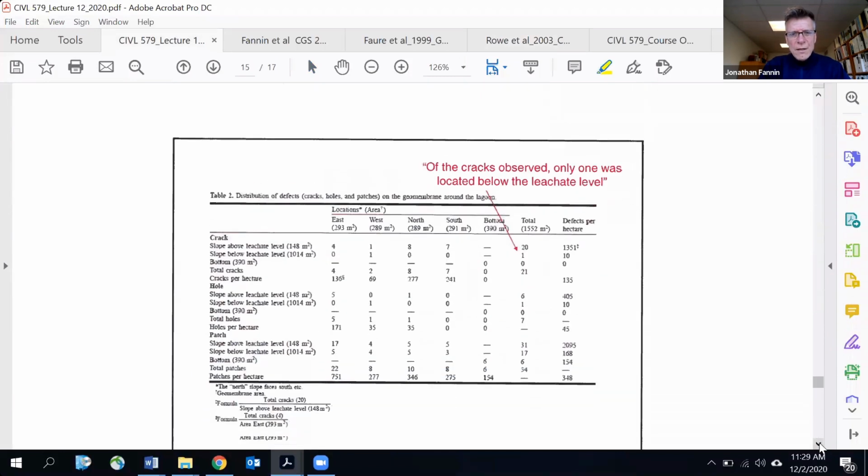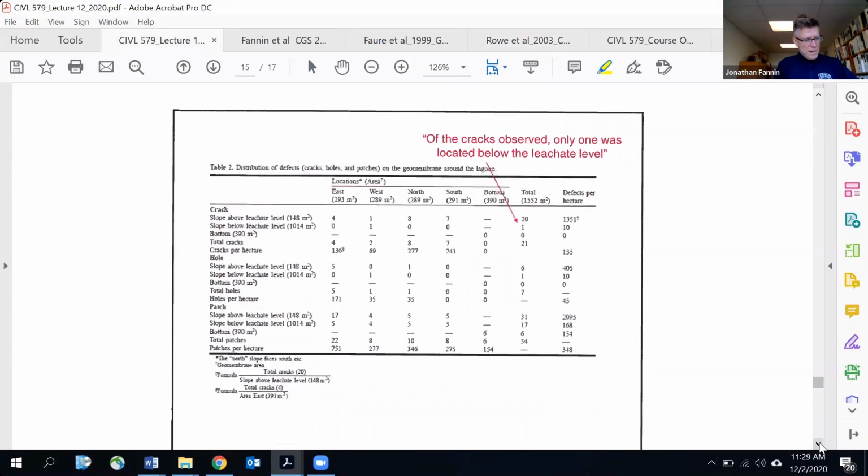All right. So in their documentation, they then put together a bit of a summary of what they saw. It's a bit like the geometry of the grid in the Norwegian structure. This is the recording of cracks and where those were occurring. We have cracks by their location, holes by their location, patches which are obviously repairs of defects.